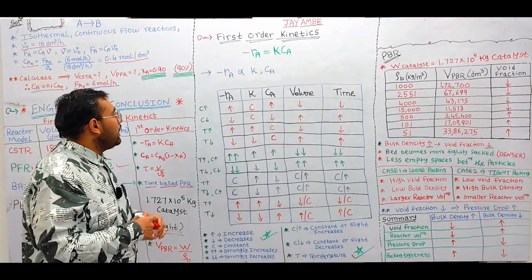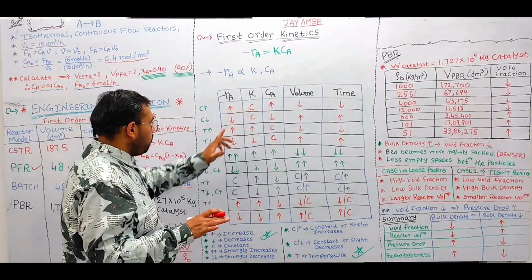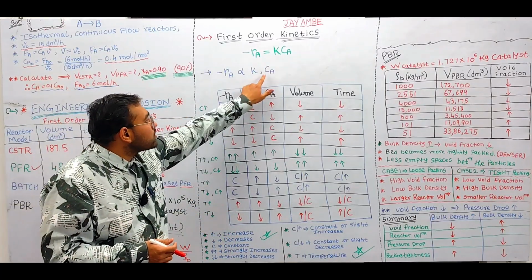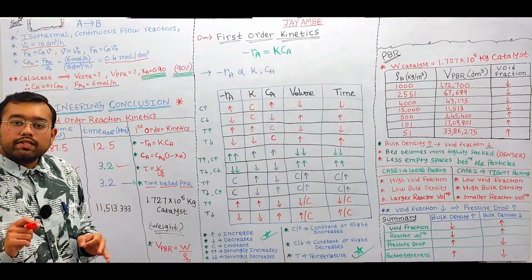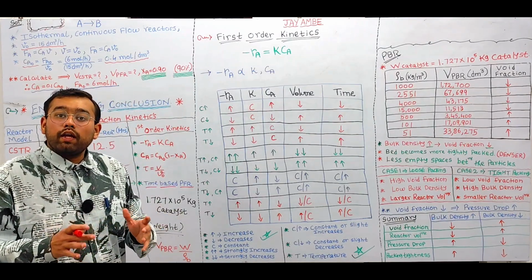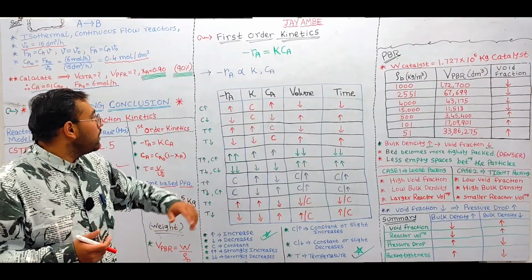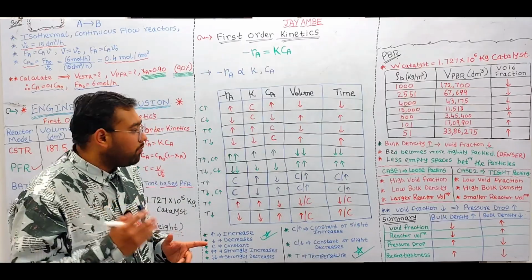So if we keep the rate constant value constant, what if I increase the concentration of the reactants present in the reaction environment of the reactor? How will it affect the reaction rate, the volume of the reactor and the reaction time?